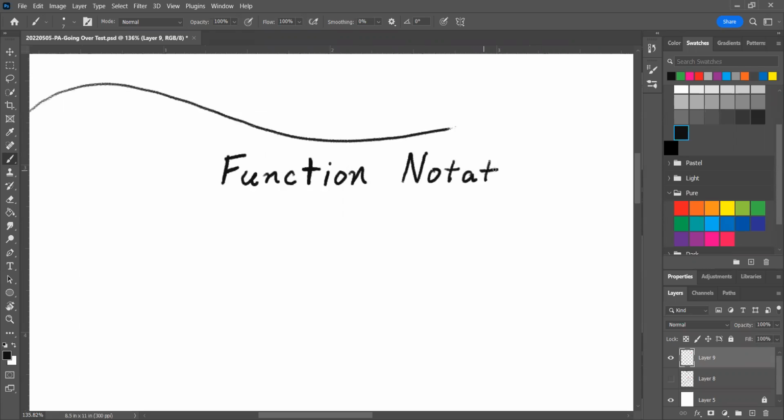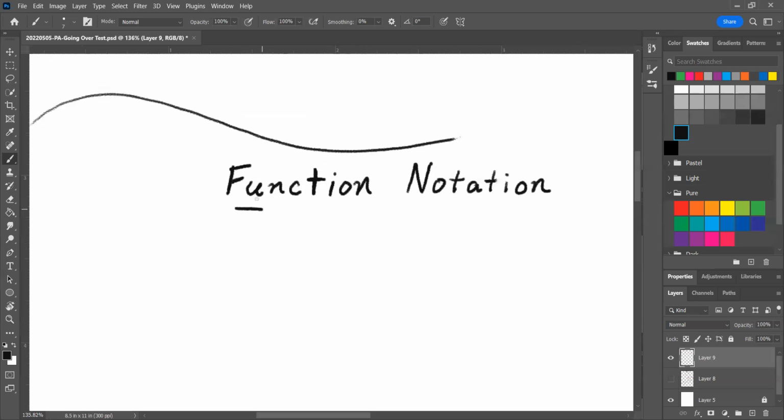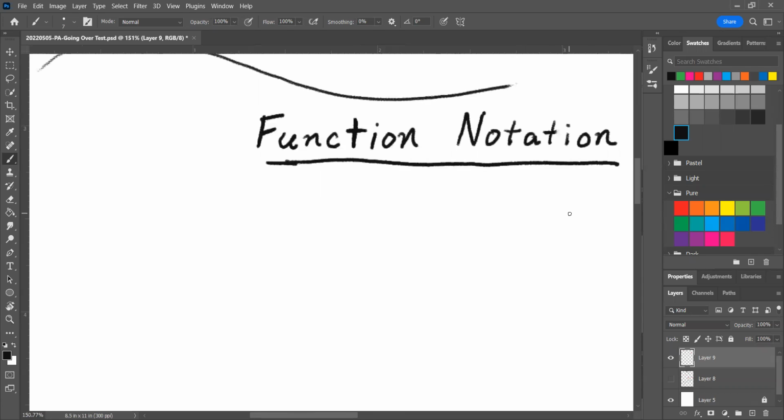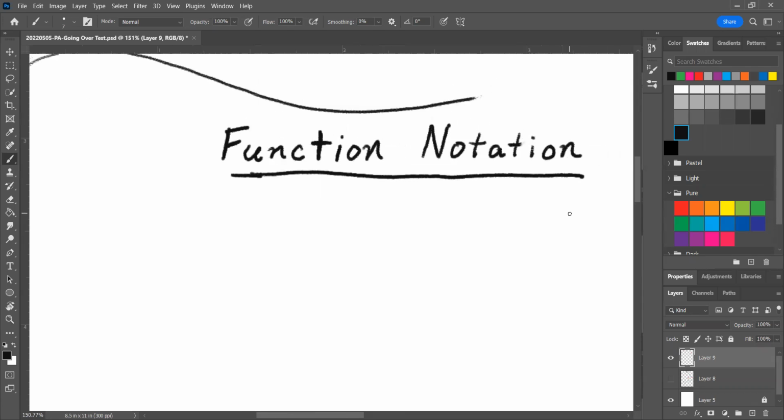So I need you to strap your ears on. So this other one is, I don't even know what you call it. Y equals notation.